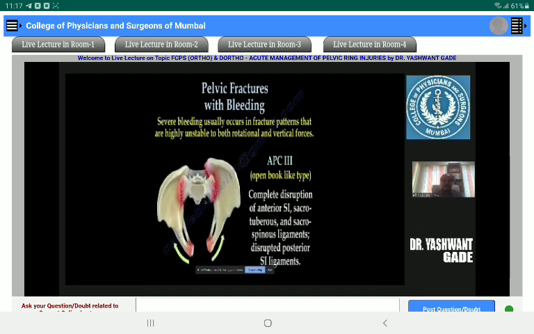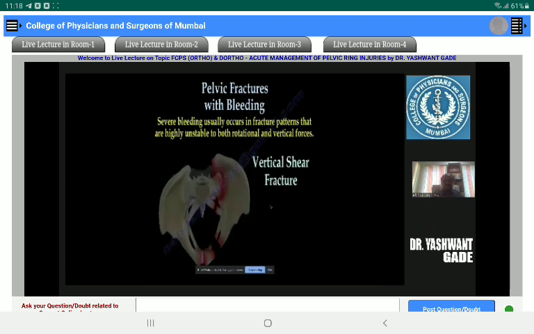The complete disruption of the anterior sacroiliac joint, as well as the sacrotuberous and sacrospinous ligaments, and disruption of the posterior sacroiliac ligament can lead to an open book type of injury and a vertical shear fracture like this, with fracture of the pubic rami, as well as disruption of the sacroiliac joint.